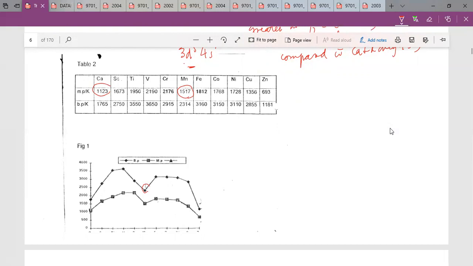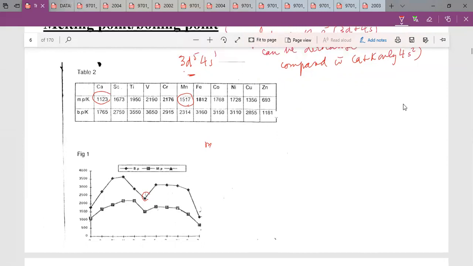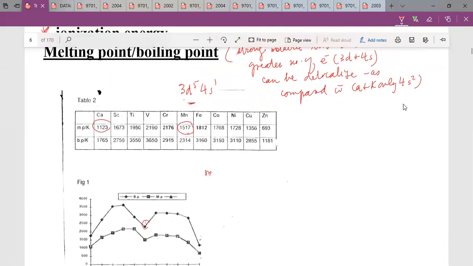Now, melting point is controlled or explained by two things. If you look at your AS, it is controlled by what? Strong bonding. Secondly, explained by what? Structure.